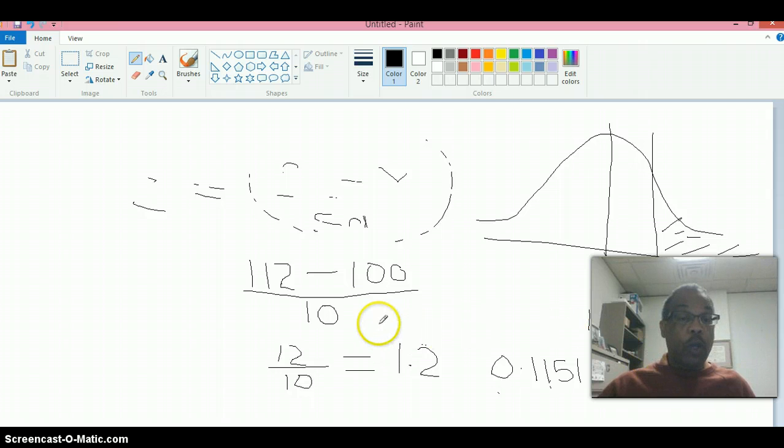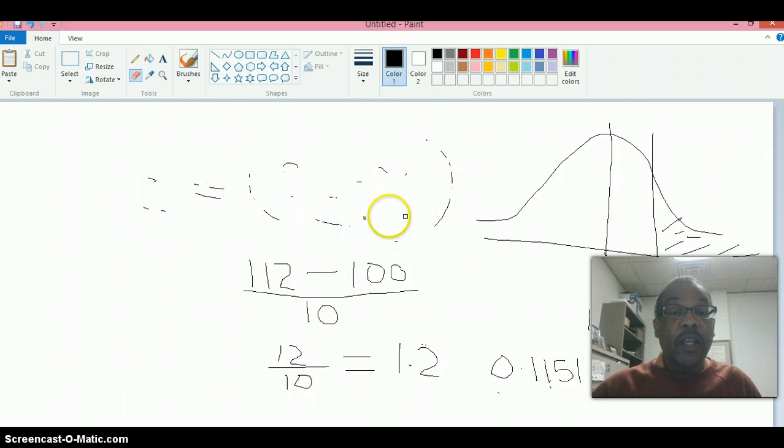Very good. So what I'd like you to do is pause at this point and do the third one, and while you are doing that, I'm going to erase this here, and I'm going to tell you what the answer is for the third problem.